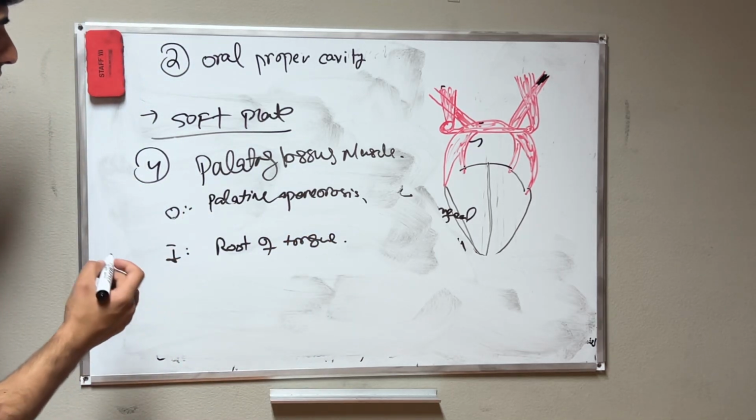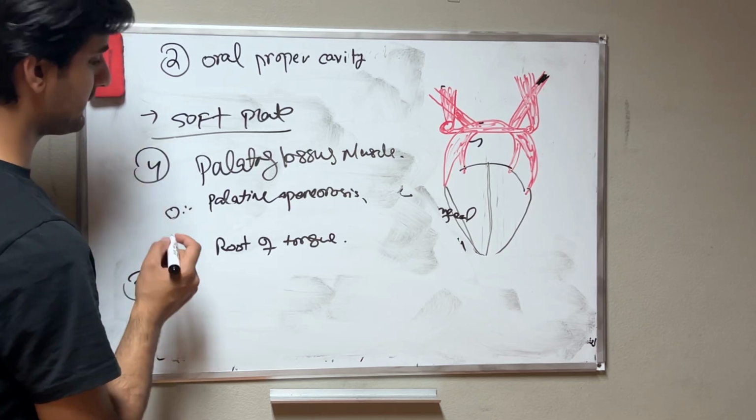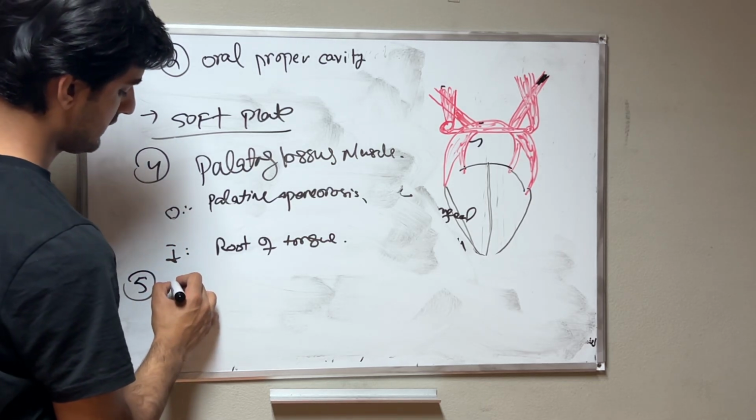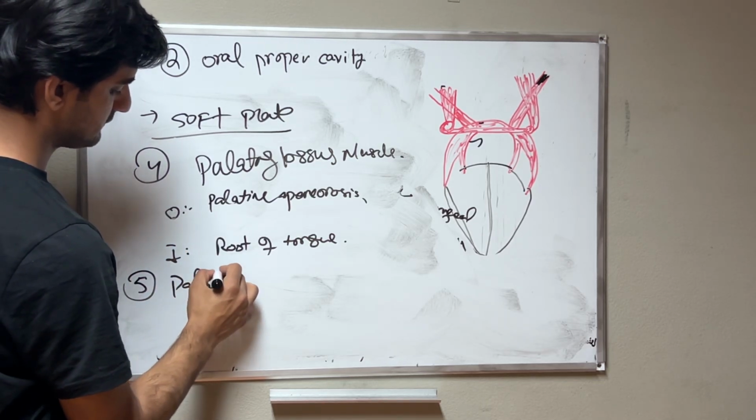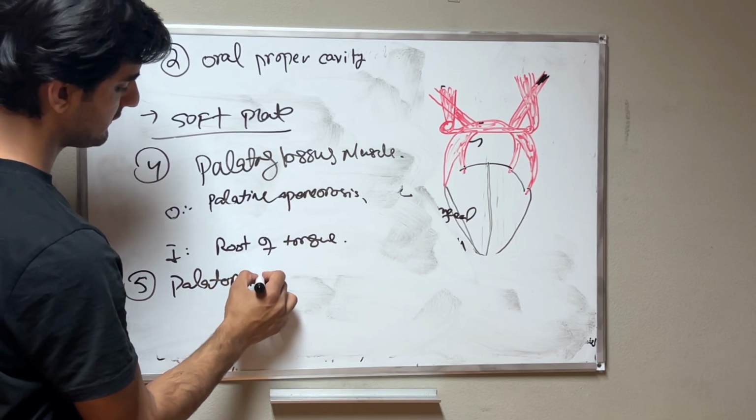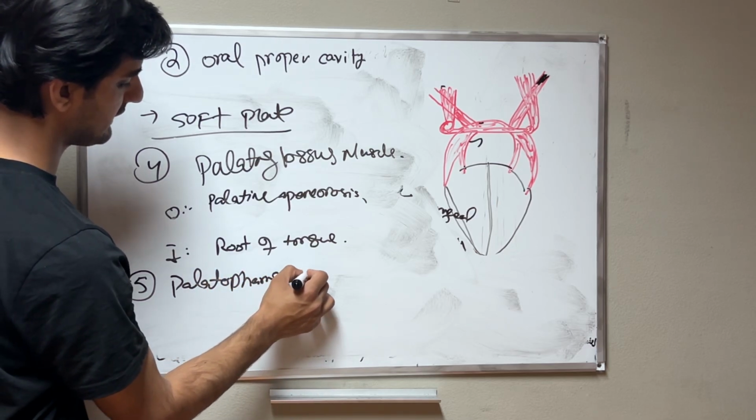Then the fifth muscle of the soft palate is the palatopharyngeus. Pharyngeus means pharynx.